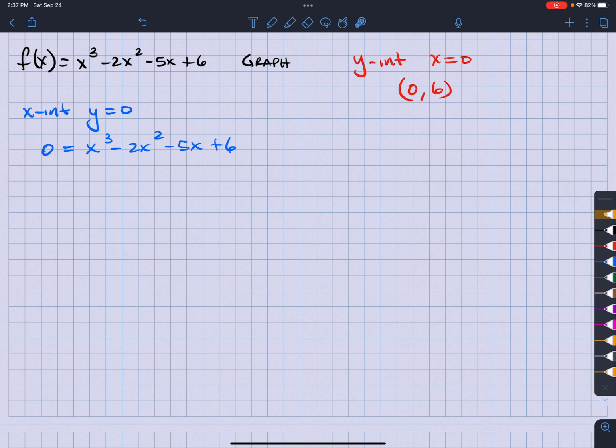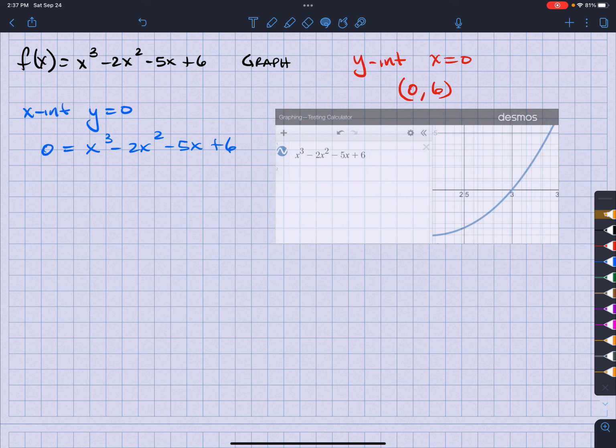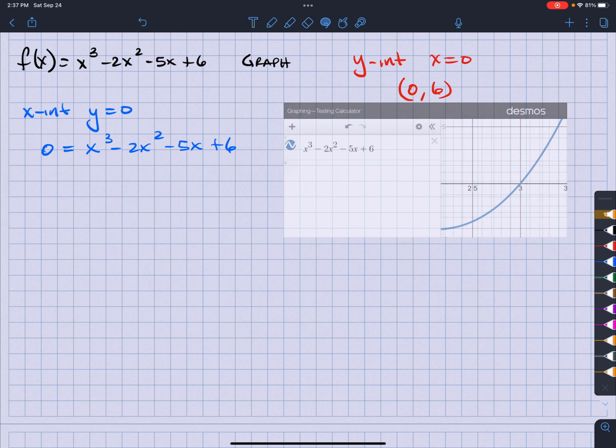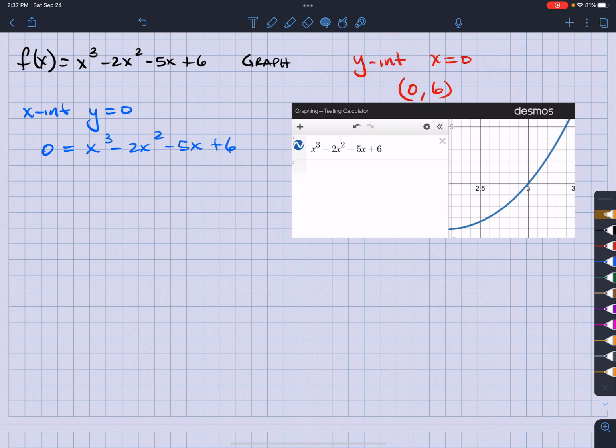With that being said, what else I can do is go ahead and just graph it really quick to see if I can find a single root, and I do. I see that I have a 0 at x equals 3.